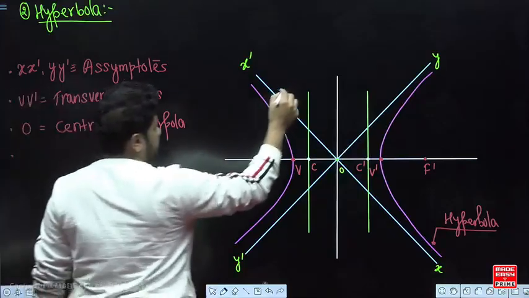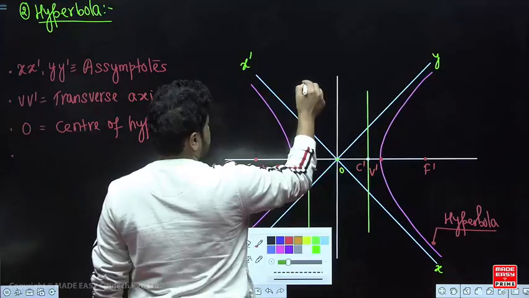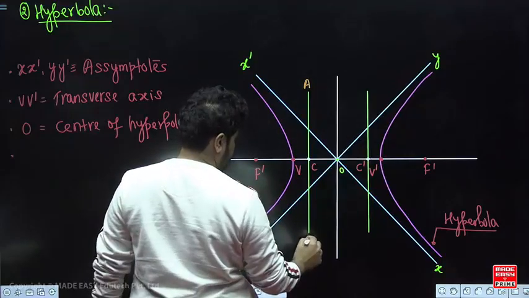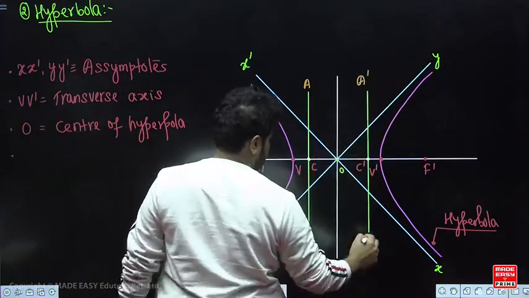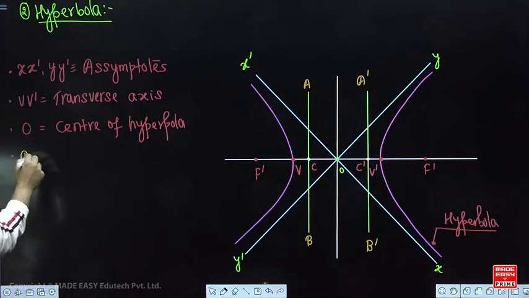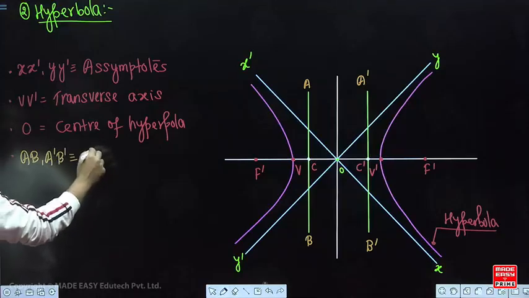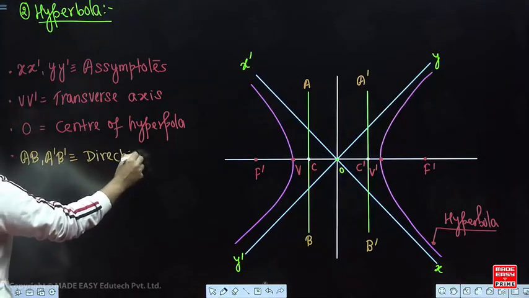And let us say this is your A, this is B, let us say this is A dash, and let us say this is B dash. So AB and A dash B dash are called the directrix. Correct?